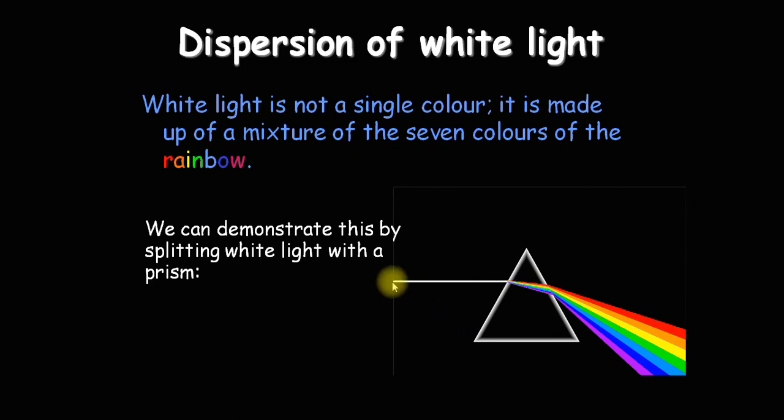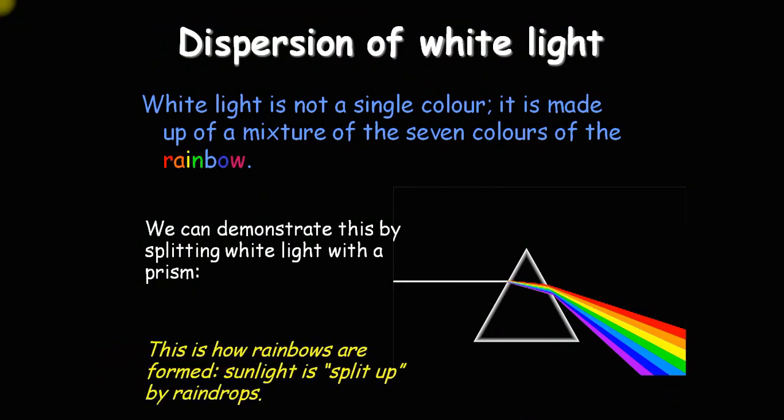Now when the light hits a prism, the prism of course is going to disperse it into several colors. That's the colors of the rainbow. This is how rainbows are formed, in case you observe one.